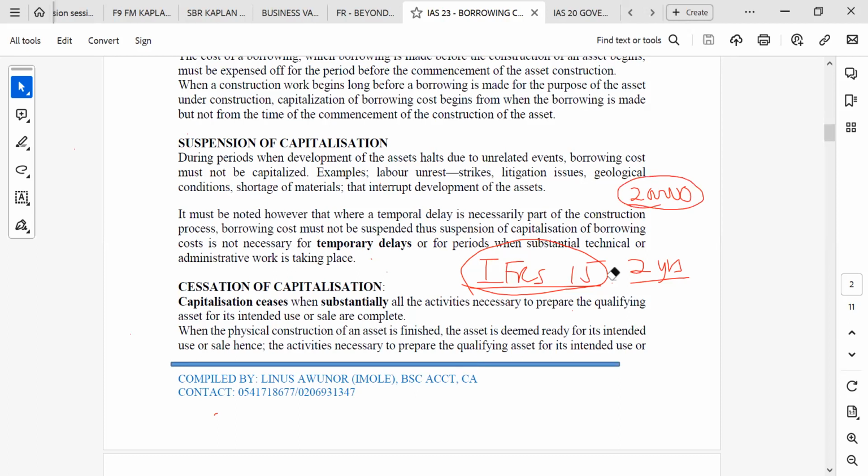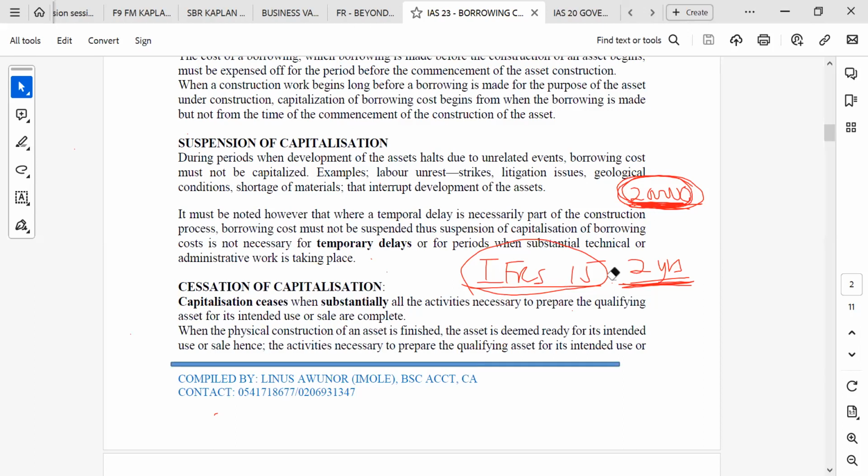What it means is that the company is taking this 200,000 to finance the construction of the asset that will last for 2 years. So the advance payment that you receive from the person will now be seen as a loan to finance the asset. So you treat this as a borrowing cost and capitalize for the 2 years. That is if the revenue is recognized at a point in time. But if it is over time, you recognize revenue upon completion. All right. So take note of that.